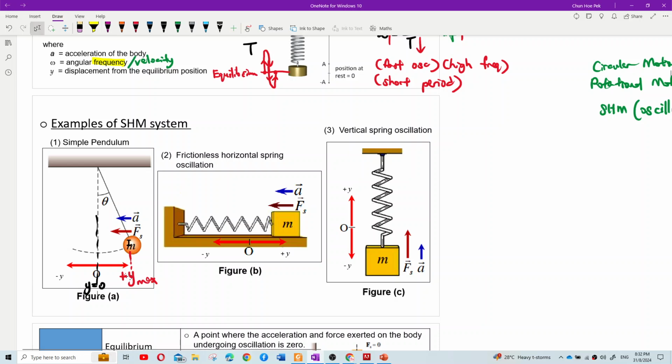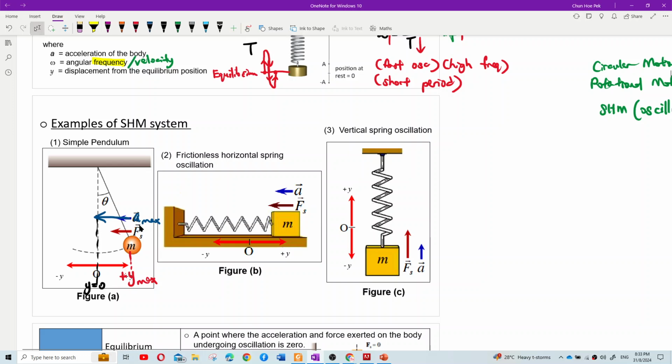If the object is over here, it has the maximum displacement, and over here it also has the maximum, but in the opposite direction. The acceleration is maximum here, and here the acceleration is also maximum. Why is acceleration also maximum but in the opposite direction? You see, displacement is to the right. Why is acceleration to the left? Why?